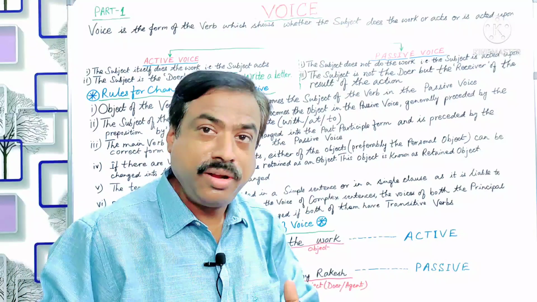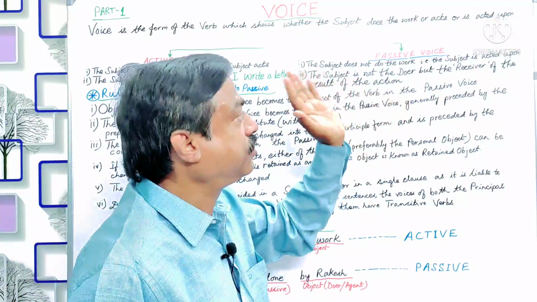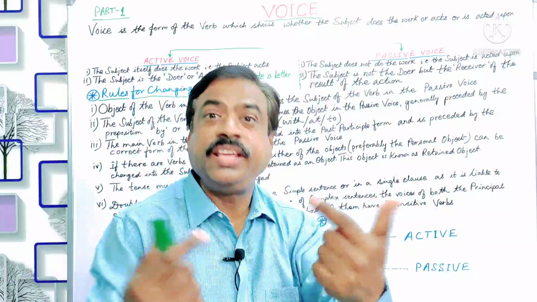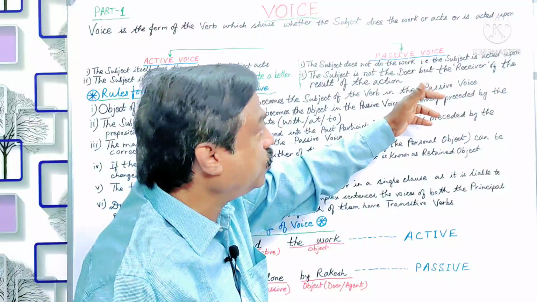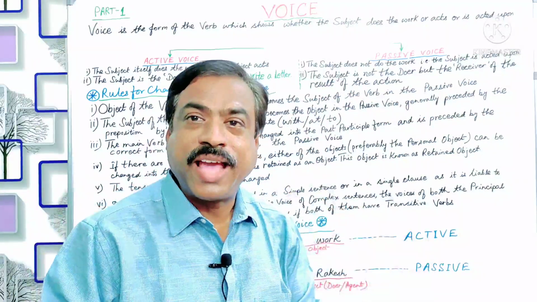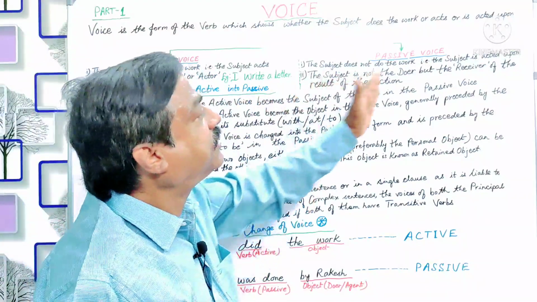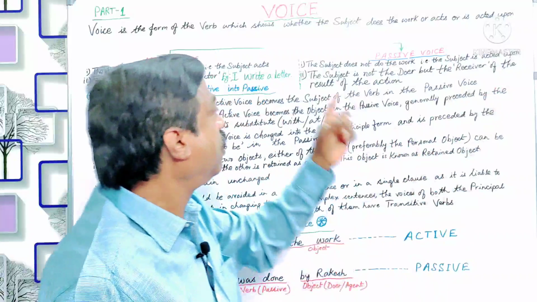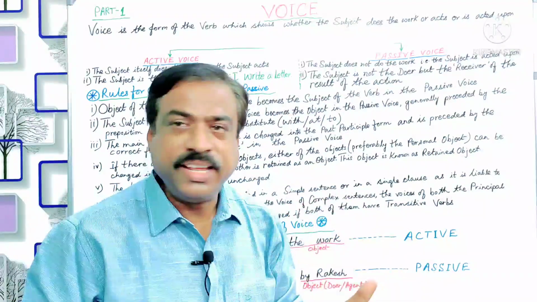You should learn that the subject here in the passive voice is not the doer but the receiver. The subject here is not the doer but the receiver of the result of the action. So there will be a result of the action which is done in the active voice, and here the subject will be the receiver of that result. So now I think it's clear.